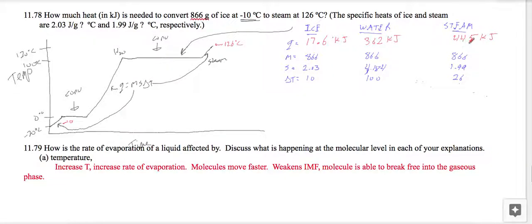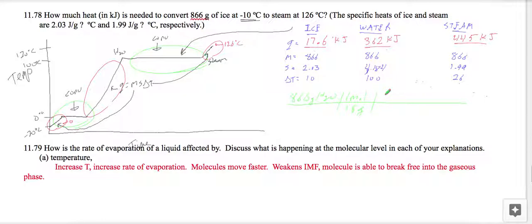So we have those as our three different things there. So that is here, here, here. Now we can go to a different color and go here and here. We have 866 grams of water, 1 mole, 18 grams.